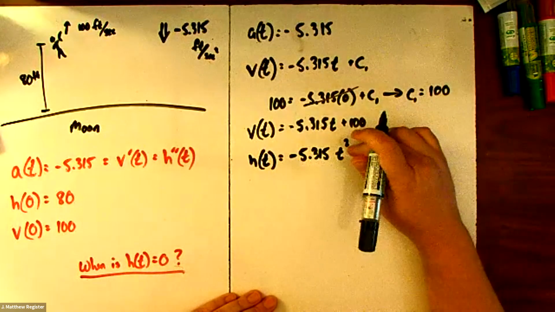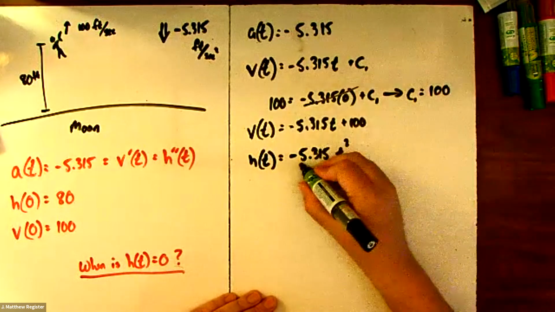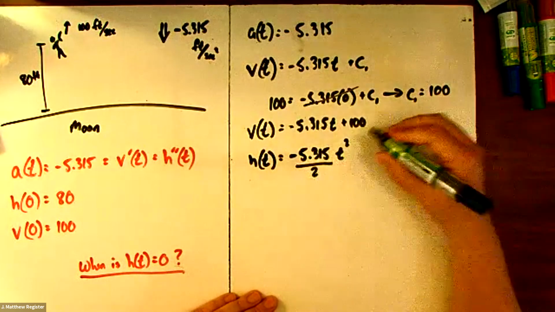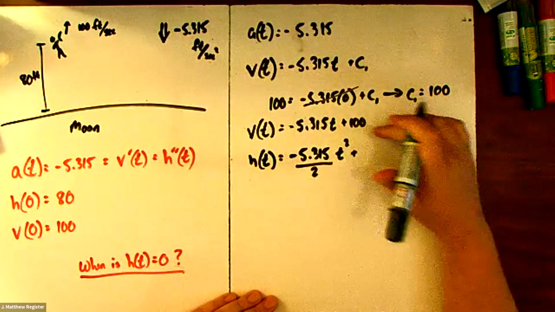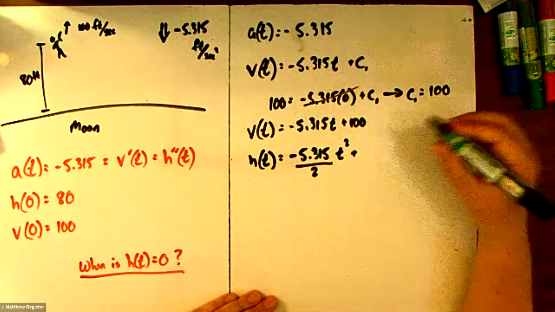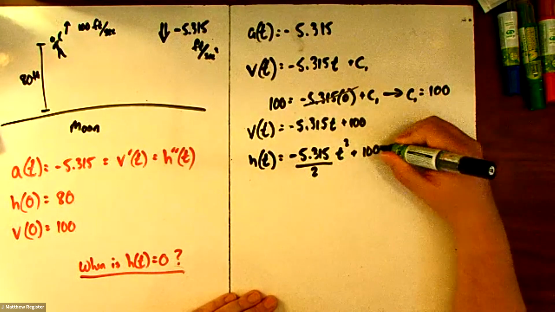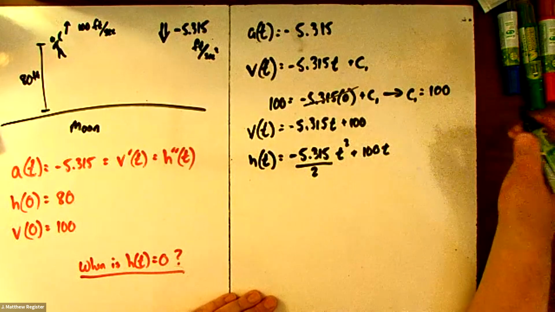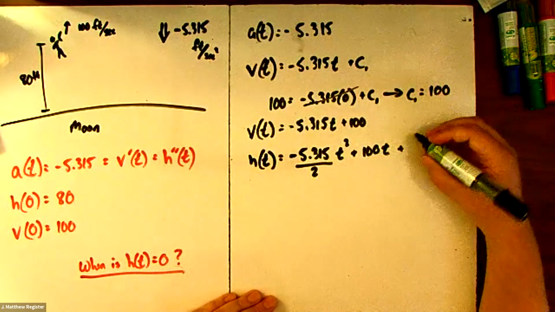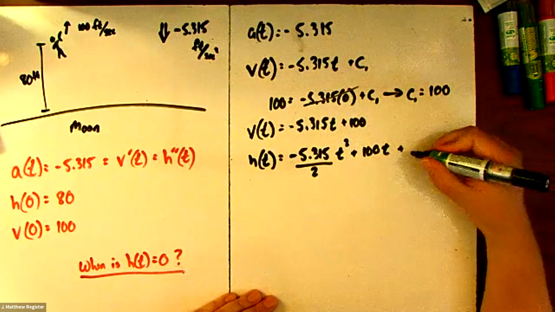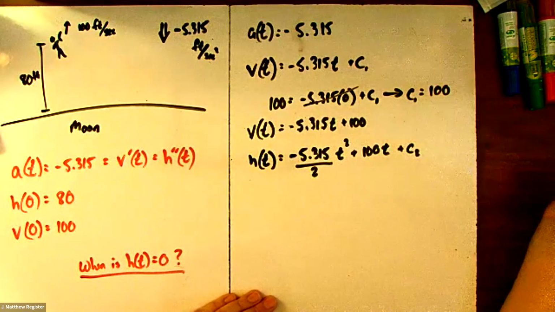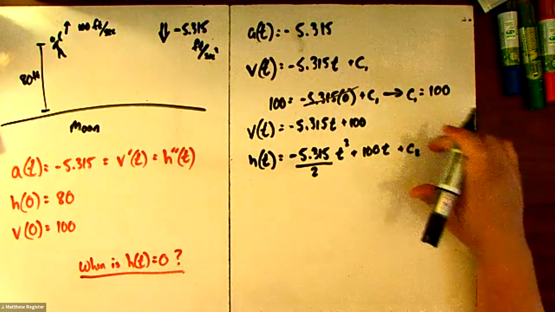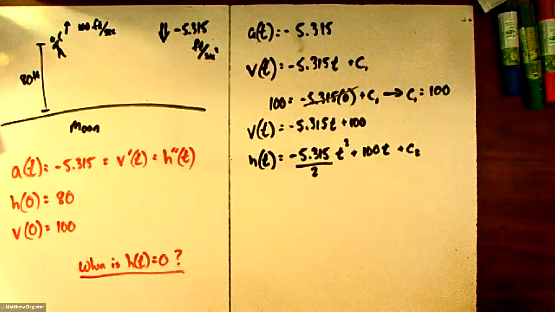But because it's a t squared, the 2 would typically come down, and so we need something to cancel it. The antiderivative of 100 would become 100t. And then we're going to have a new constant, so we'll call this one c2.